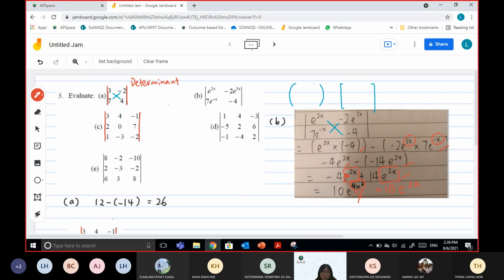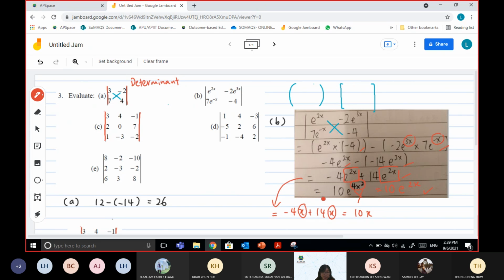So we take 14 minus 4, which is 10, so 10e^2x. The concept for this step is similar to taking -4x plus 14x, where our answer is 10x. Because they have the same term, we can add or subtract. So the same thing goes for e^2x, that means our final answer is 10e^2x. So this one is the correct one.